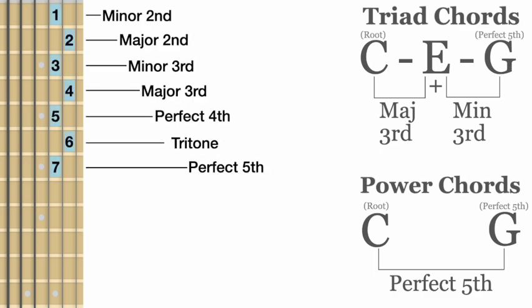So if we look at our intervals, once again, over to the left of the page, I highlighted the tritone here just really quick, because when we talk about power chords, inevitably the conversation of pentatonic scales comes up. And there's a reason that pentatonic scales have eliminated a couple of the notes from the diatonic scale.